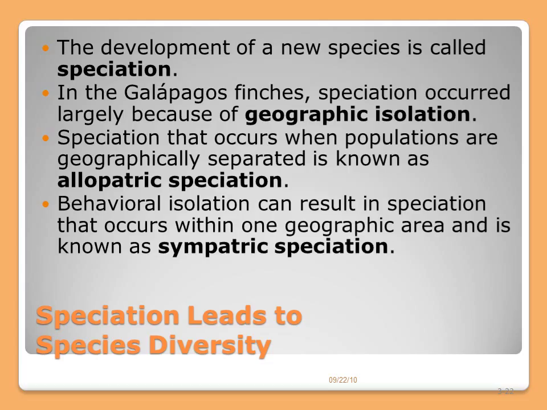If it's a bird, maybe they don't like the mating dance, or they don't like the colors of a certain bird, and so certain species stop mating with each other and become separated even though they're living in the same area, because they have some behavioral characteristic that prevents reproduction.